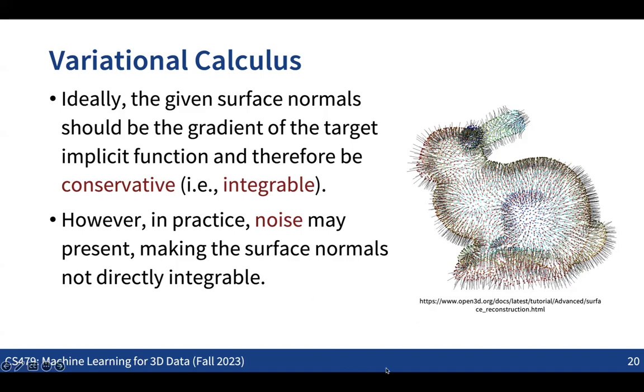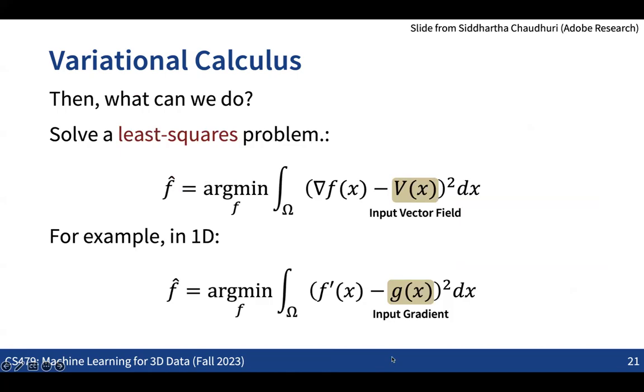In cases where we have an arbitrary vector field and we don't know whether it is conservative or not, we can consider solving a least squares problem again, but in the continuous space. So let's think about this case.